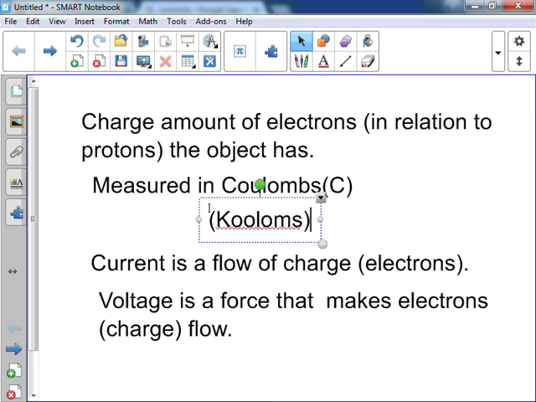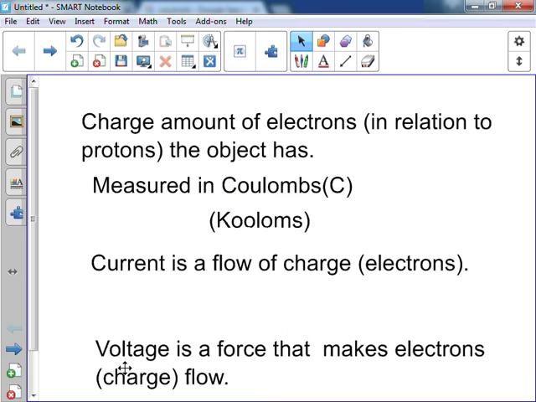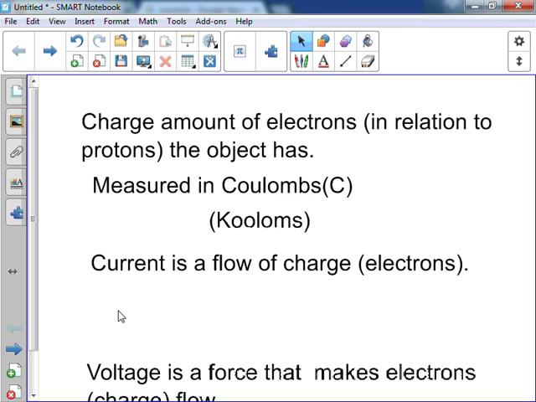Okay, coulombs. So if the current is the flow of charge, then we gotta have coulombs in there, right? And flow generally means how fast. So the way we do it, we literally set up a checkpoint at one point in the wire, and we see how many coulombs of charge float past that point in a single second.